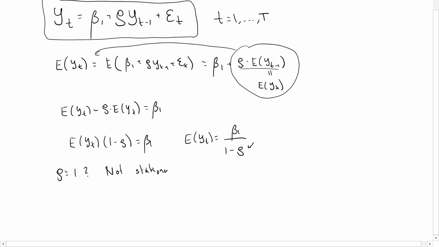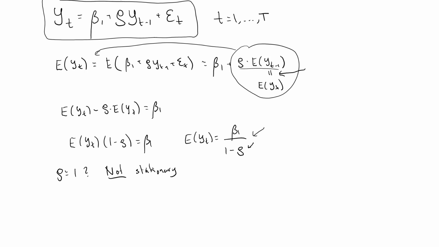This is really important, but it will also save us, because for non-stationary processes, there is no longer a claim that the expected value of yt should be constant. And in order to arrive at this equation, we made this assumption, remember, that the expected value of yt minus 1 should be expected value of yt.